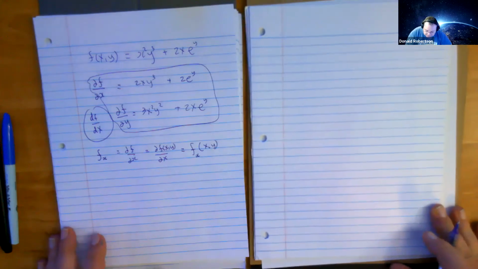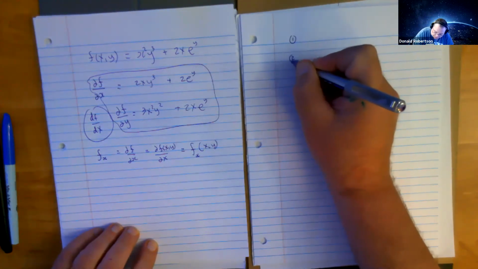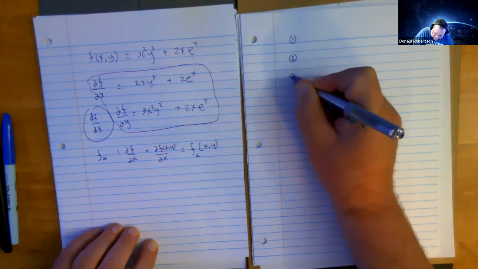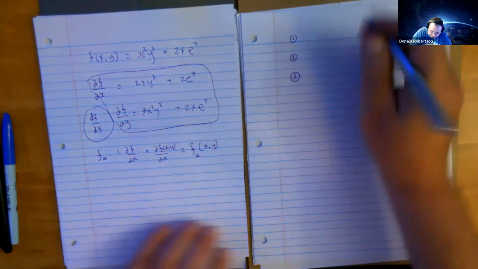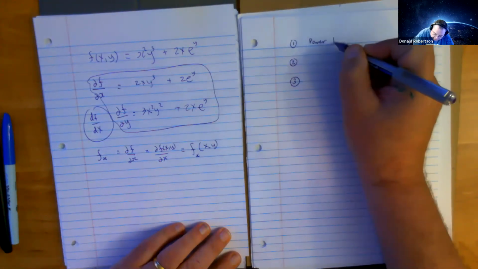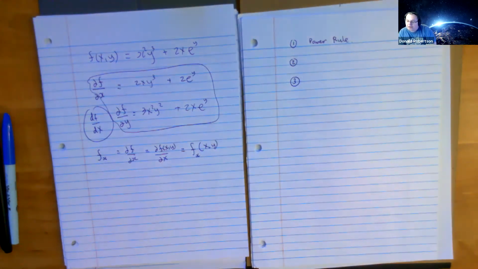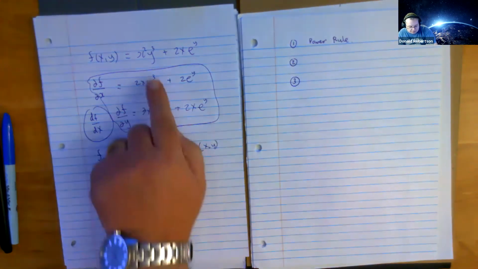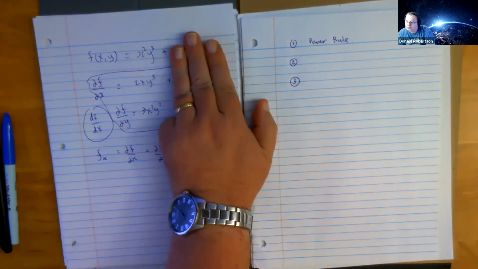Now, let's think of techniques that you used in Calc 1, and I'll try and pick a partial derivative that has to use it. Well, you could use the power rule. You know, multiply by the power, reduce the power by 1. In fact, wouldn't this question here, at least that piece of it, count? That would be a power rule.